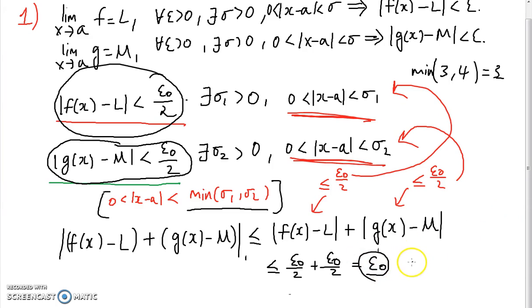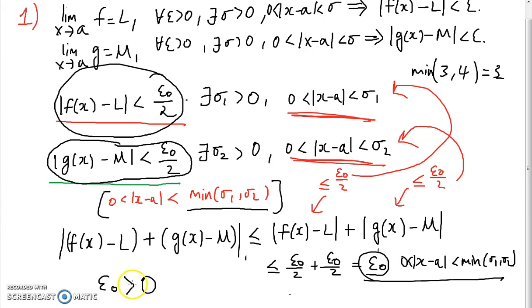So this is given that |x − a| is less than the minimum of delta 1 and delta 2 and is larger than 0. But remember, epsilon 0, we didn't specify what epsilon 0 was. Epsilon 0 was just an arbitrary value larger than 0. And given an arbitrary value larger than 0, we were able to find a number. So let's call the minimum of delta 1 and delta 2 delta 3.